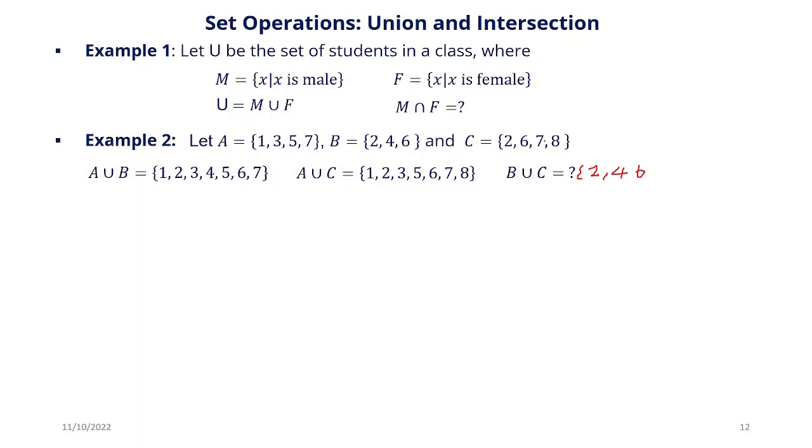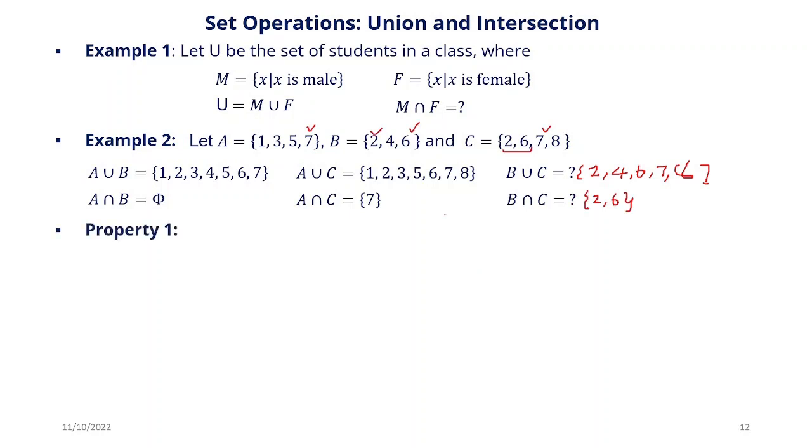Since 2 and 6 are already here, the only things we need to pick out will be 7 and 8, is it not? 7, 8. Alright. What about A intersection B? Of course it is null because there is no relationship. We've seen that before. What about A intersection C? 7. What about B intersection C?